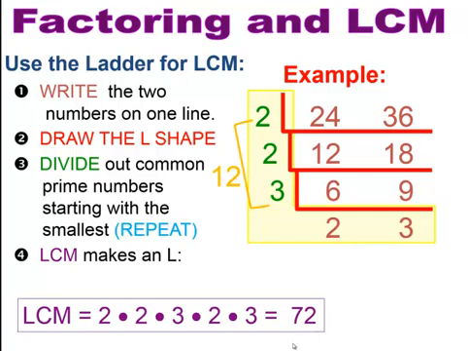Then I multiply the bottom numbers together: 2 times 3 is 6. Then I take 12 times 6, so I'm showing you how you can do this multiplication without doing it in a row: the side numbers first, the bottom numbers, and then those two products together. In this example, my least common multiple is 72.